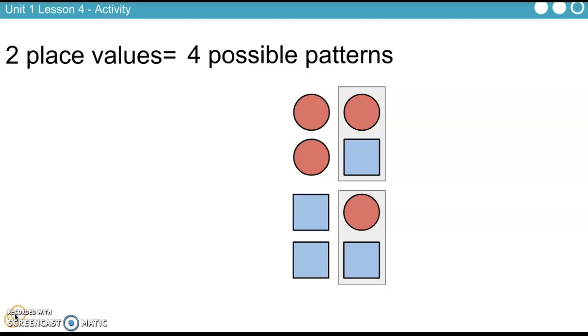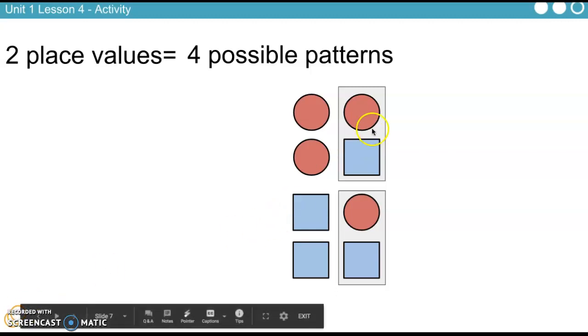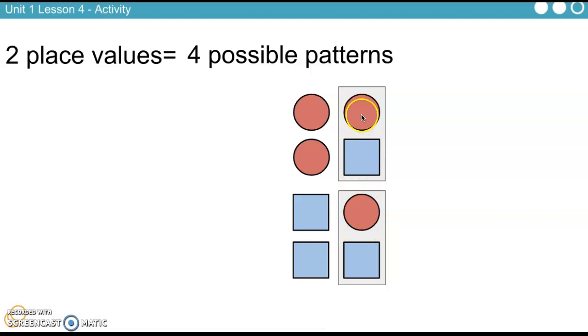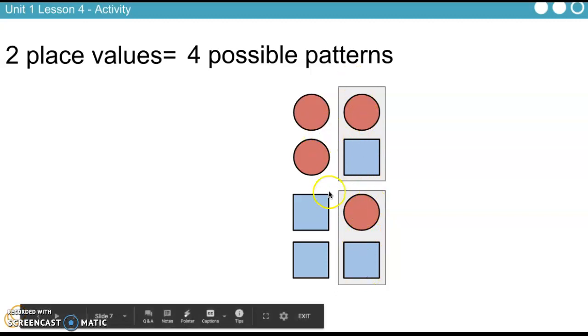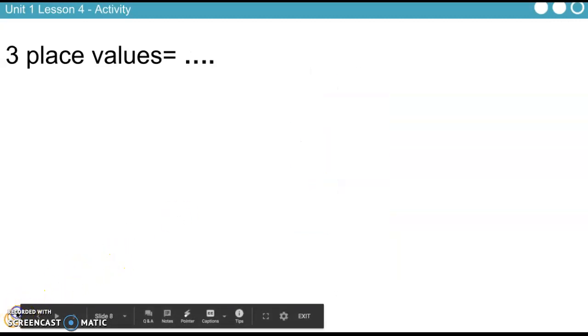So if I have two place values, there are four possible patterns. This would be the first place value, and this would be the second place value.